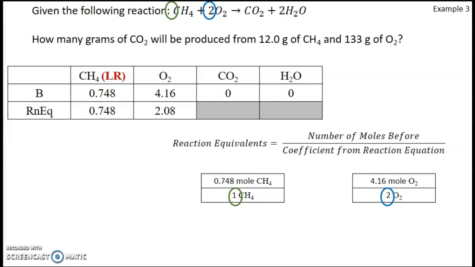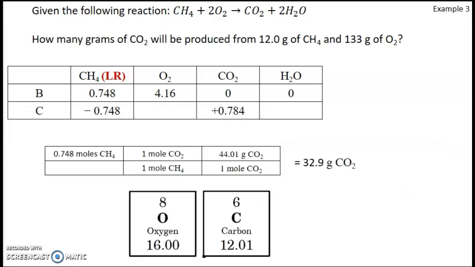Once you've marked methane, CH4, as your limiting reactant, you are now ready to proceed with the rest of the problem. So you always start your railroad tracks with the limiting reactant, in this case CH4.